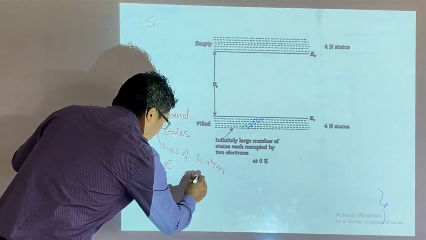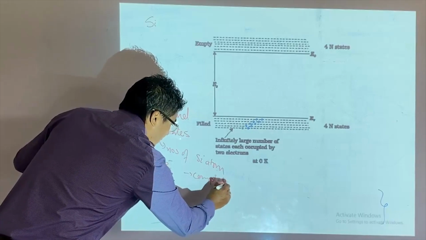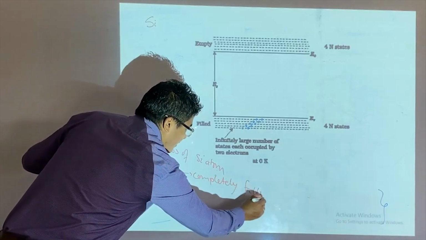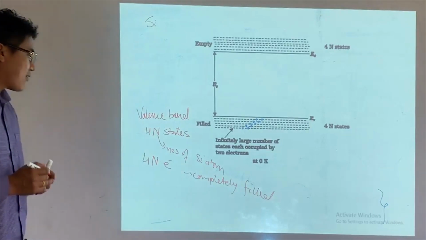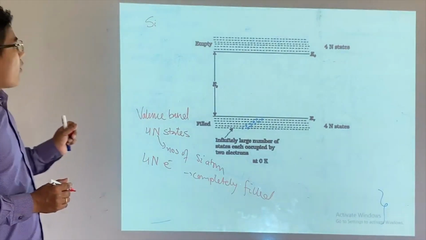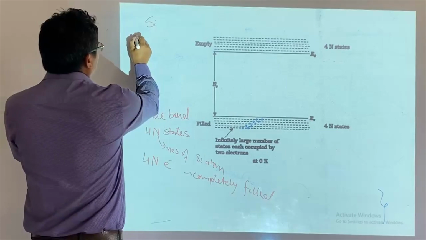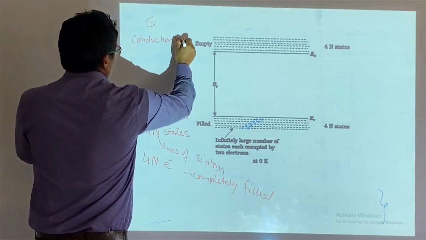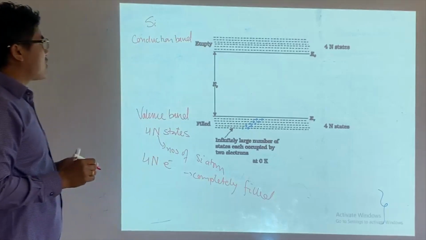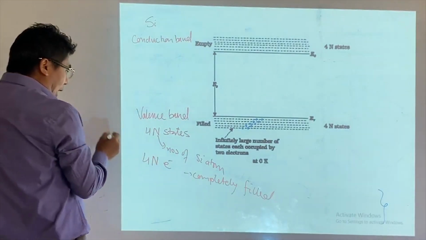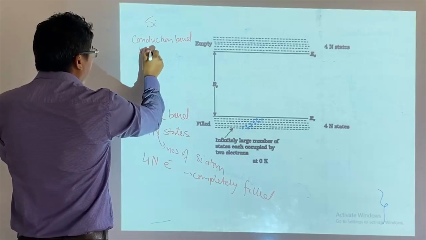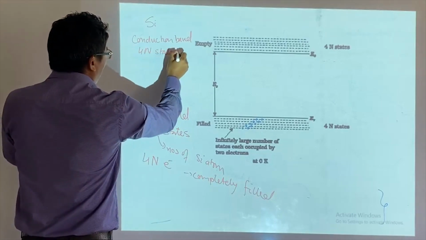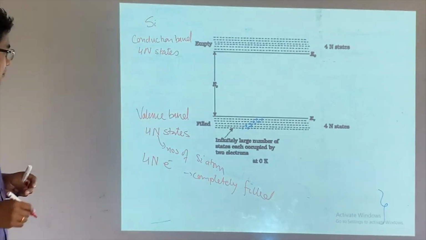This is what I call completely filled. However, in case of the conduction band, in silicon, 4n states are available.